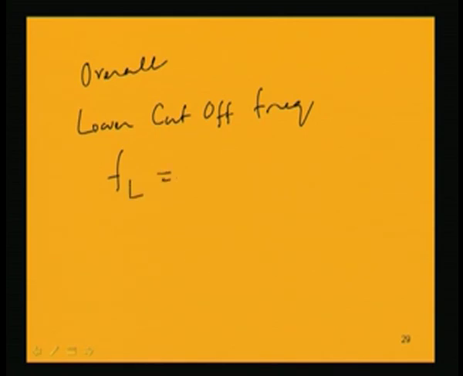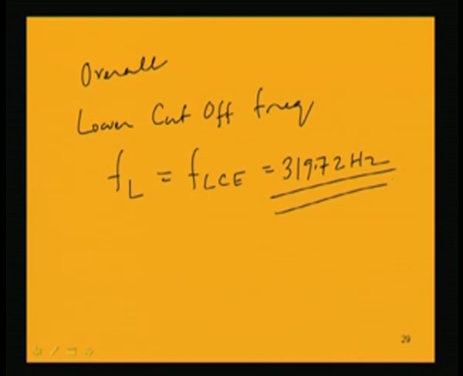FL, I am naming it FL, is the overall lower cutoff frequency for the amplifier circuit, and that is equal to the value which is due to the emitter bypass capacitor CE, because that is the largest value among all the three, and that is equal to 319.72 hertz.